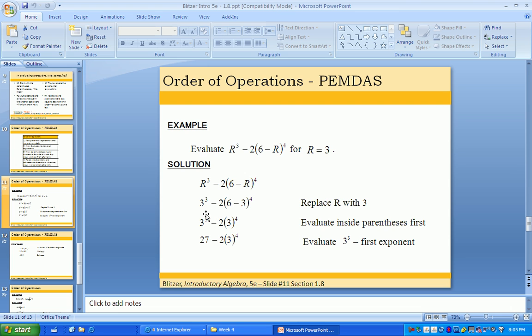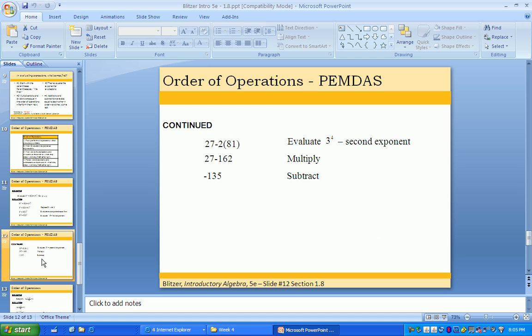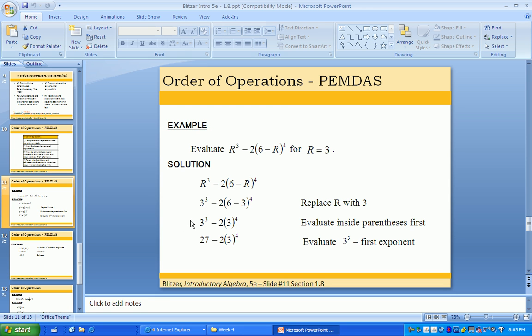So the next thing we want to do is evaluate our exponents. So this is 3 to the third, which is equal to 27. Now we have 27 minus 2 times 3 to the fourth. We have to evaluate the exponents again. This 4 out here doesn't apply to the 2, it only applies to the 3.